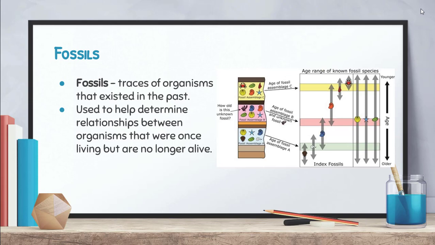If we see fossils that are in the same type of rock or close to one another, we can make a pretty fair assumption that they lived during the same time period. You can see here that the little crab-like creature is only in the top layer, so its age is relatively young.